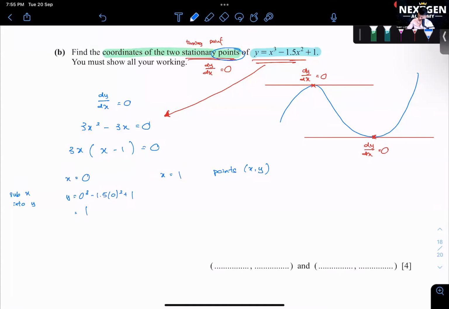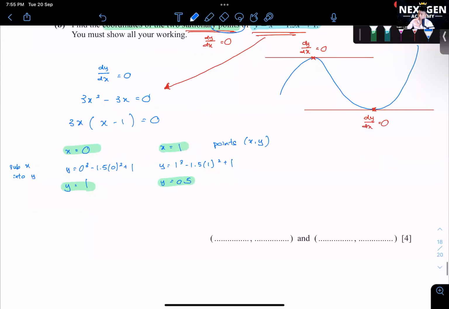This one, do the same thing. y equals 1 cubed minus 1.5 times 1 squared plus 1. You get y equals 0.5. Okay, so this is your final answer: x equals 0, y equals 1; x equals 1, y equals 0.5. So (0, 1) and (1, 0.5).